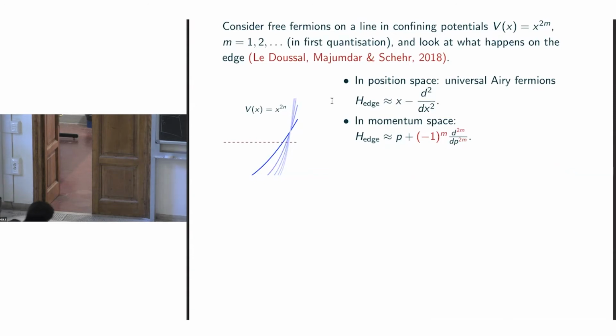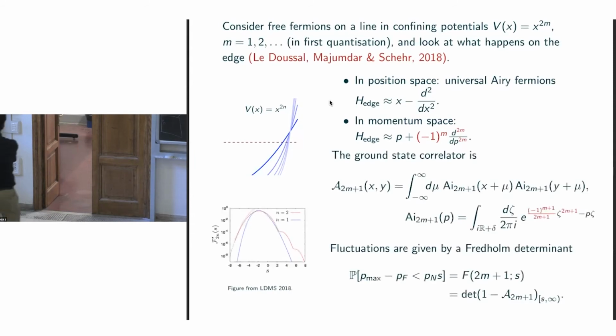And meanwhile, the kinetic part will just give you the second derivative, and one of the eigenfunctions of this is an Airy function. But if you switch to momentum space instead, and you look at how the momentum will fluctuate around the Fermi momentum, you get something very different.